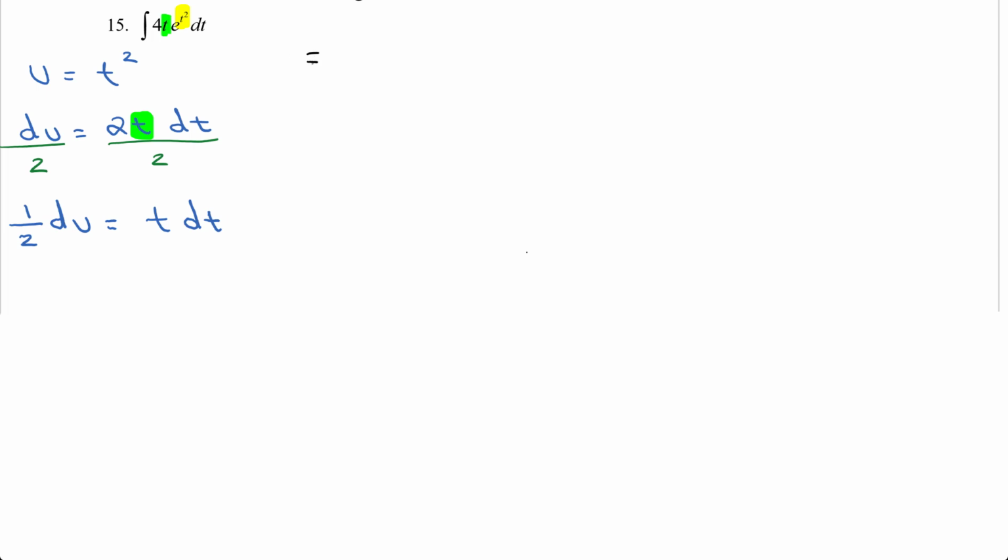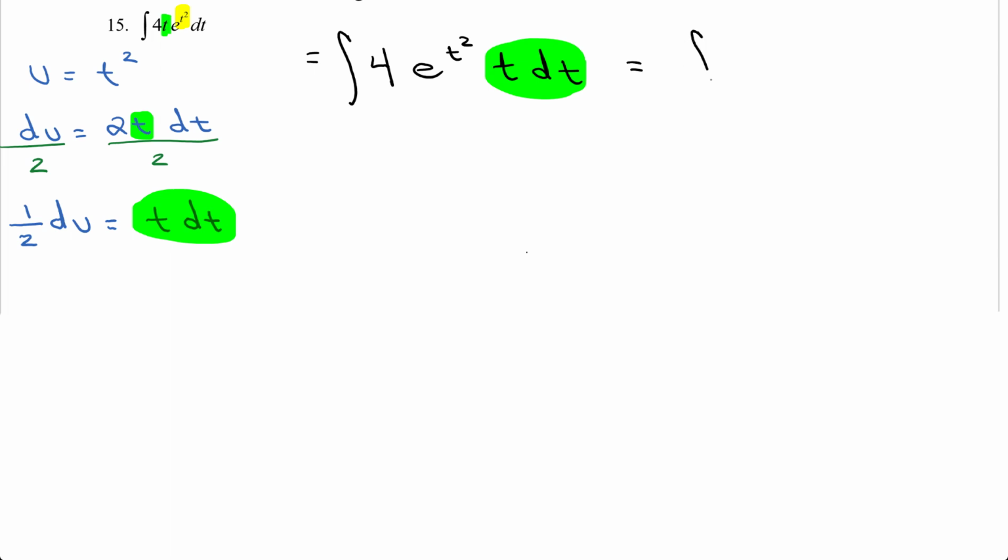So now I can rewrite my integral. My integral is going to be equal to the integral of 4e raised to the t squared power times t dt. I'm highlighting the t dt in green as I am doing it over here where it's equal to the 1/2 du, and I'm going to substitute that.